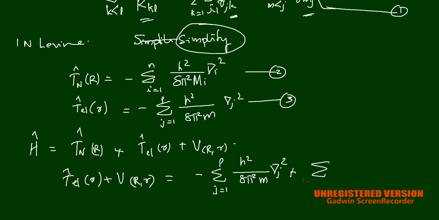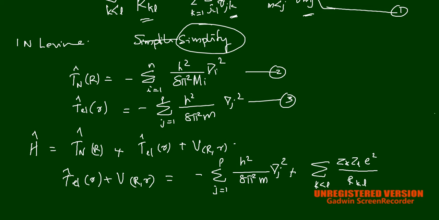Okay, you may be remembering, I can't show that on the screen itself, otherwise I cannot write it. So k less than l, then Z_k Z_l e square divided by R_kl.